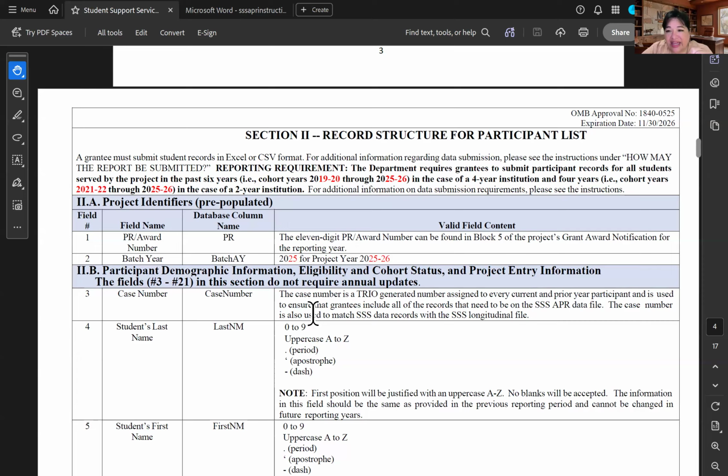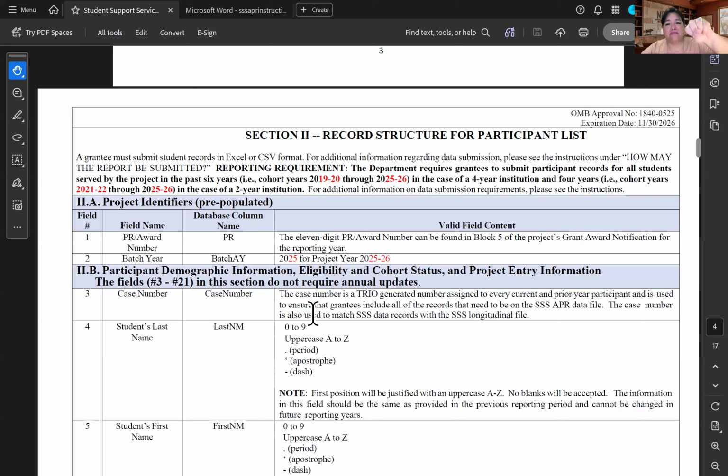Whenever you upload that, it goes through its verification process and checks to see if there's any errors or anything missing. Everything's great, and in turn, you upload an Excel file.